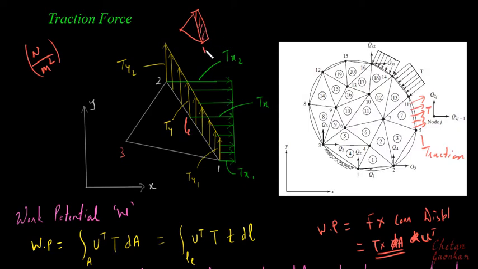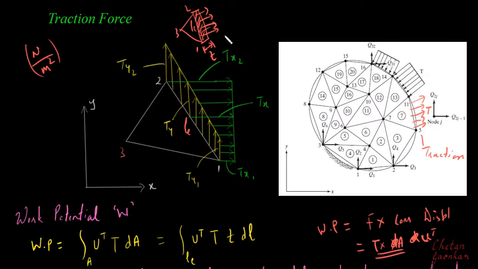Suppose this is the thickness t and this is the length of the element, LE, with node numbers 1, 2 and 3, then this is the area on which these tractions are applied. So this area will be nothing but thickness multiplied by this length LE.